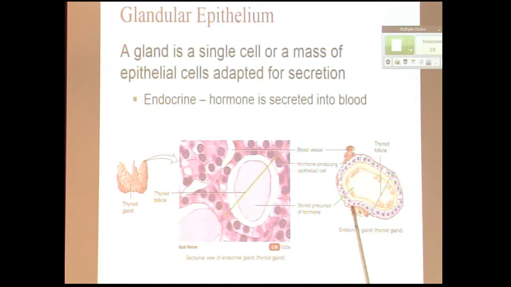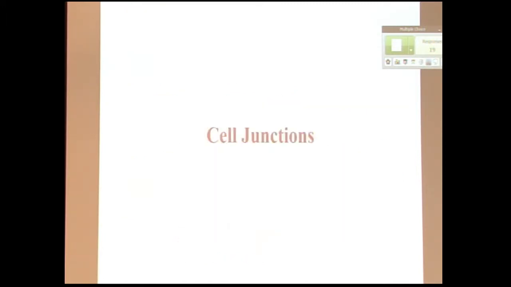Most of the time, it's either cuboidal or columnar, and it makes hormones, basically. So glandular epithelium makes hormones or other secretions, like tears and everything else. Sweat, which we'll talk about next time.